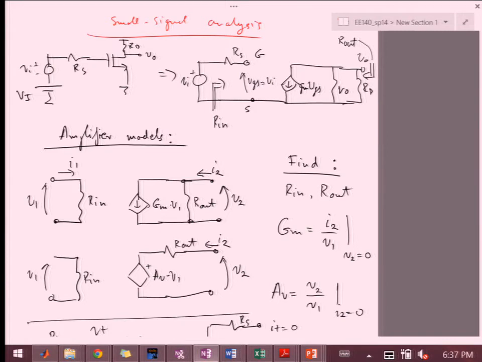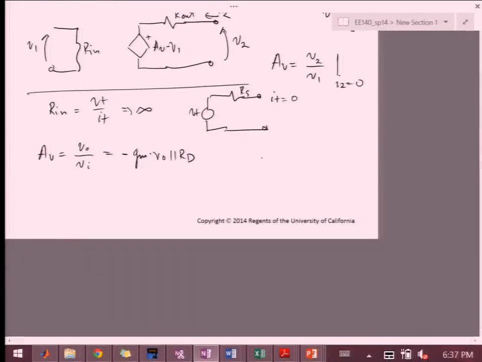It's just these two in parallel with RD. The reason is that when I apply a test from this side, I have to short Vi.